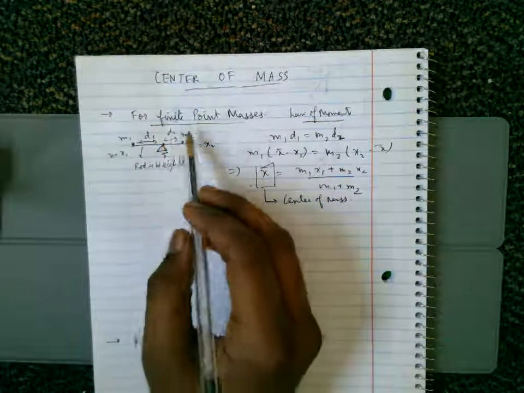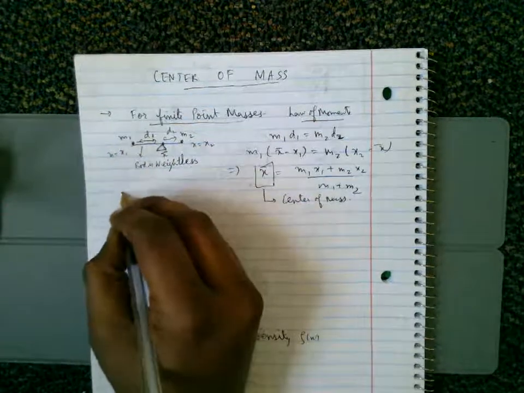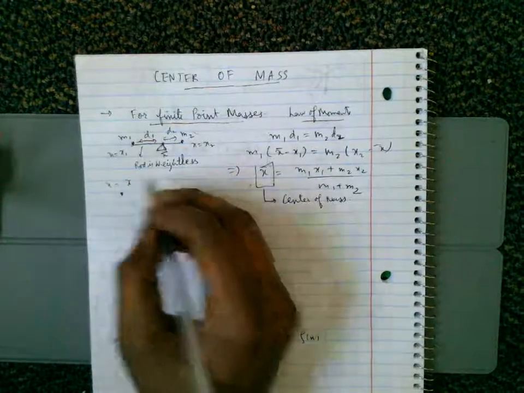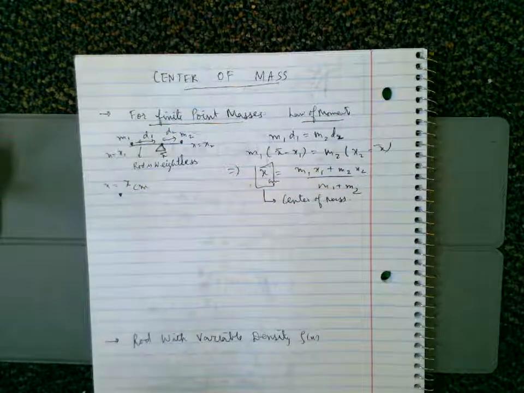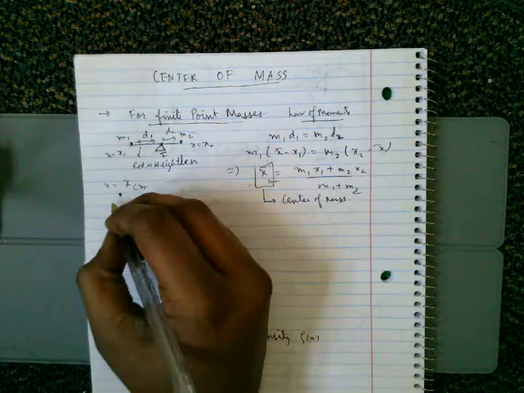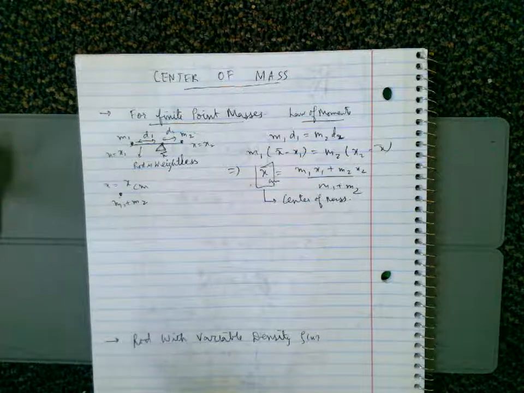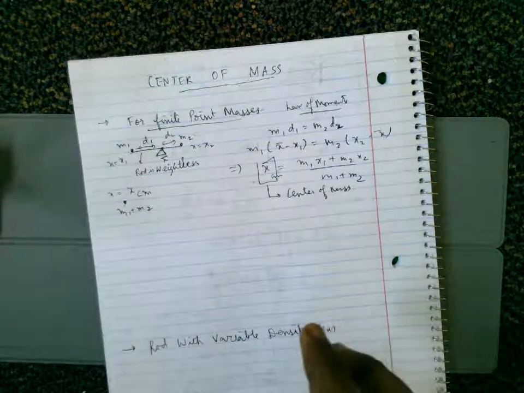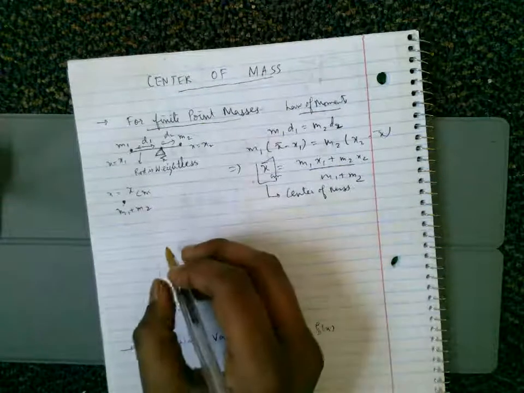So instead of 2 points we can have one single point, which is at x equal to the coordinate of center of mass, and which has mass m1 plus m2. So this is the concept of center of mass. You want to replace all these massive particles with just one point mass.